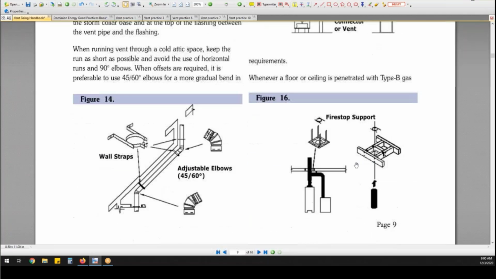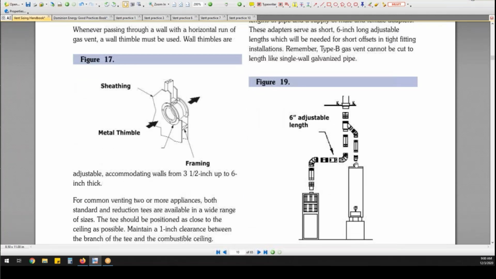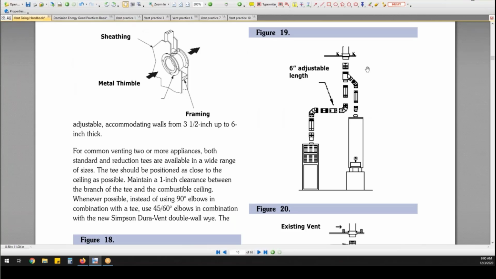So let's see if we got some more pictures here to help you understand that a little bit. Okay, so here's another great example. Here I've got a floor, I've got my main stack going up through the house, and now I've got a furnace over here. So everything from this T right here, my main stack comes down and we've got a T in it because there's two appliances now.